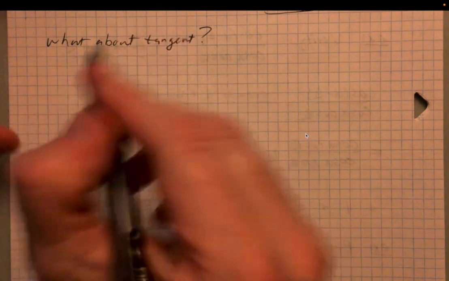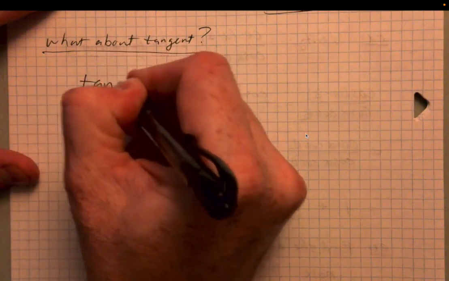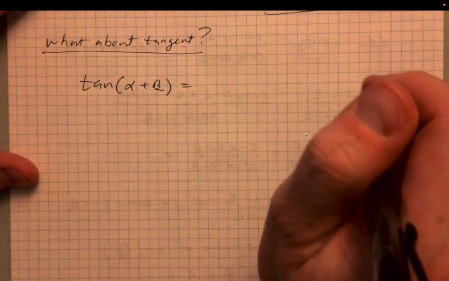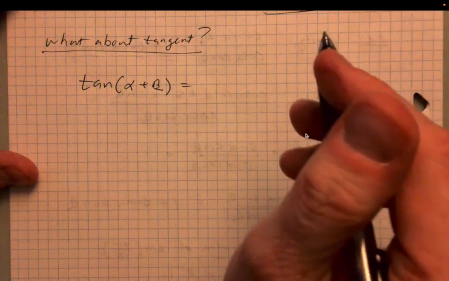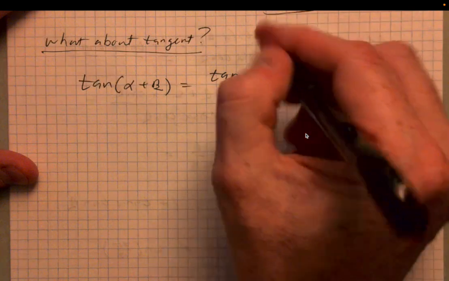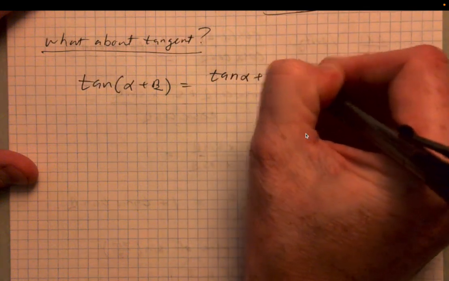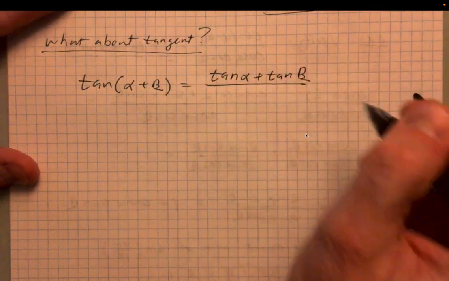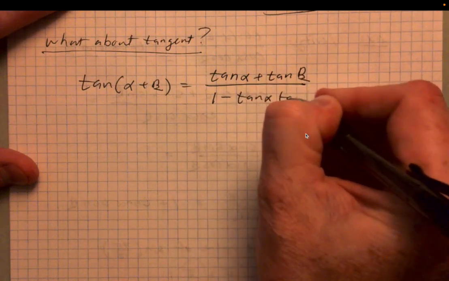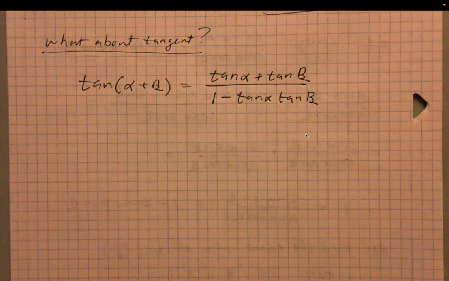Well, the tangent formulas go as follows. They're slightly different. So you've got tangent of alpha plus beta. So that's the sum of two angles. What's the tangent of the sum of two angles? Well, it's equal to tan alpha plus tan beta divided by 1 minus tan alpha tan beta.